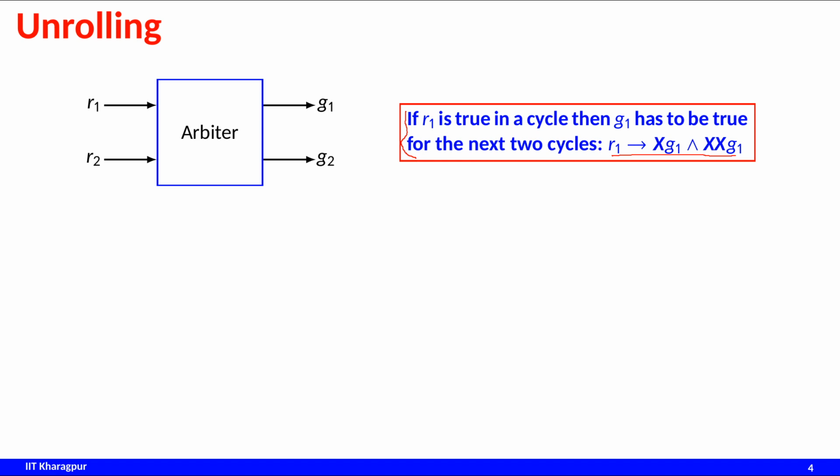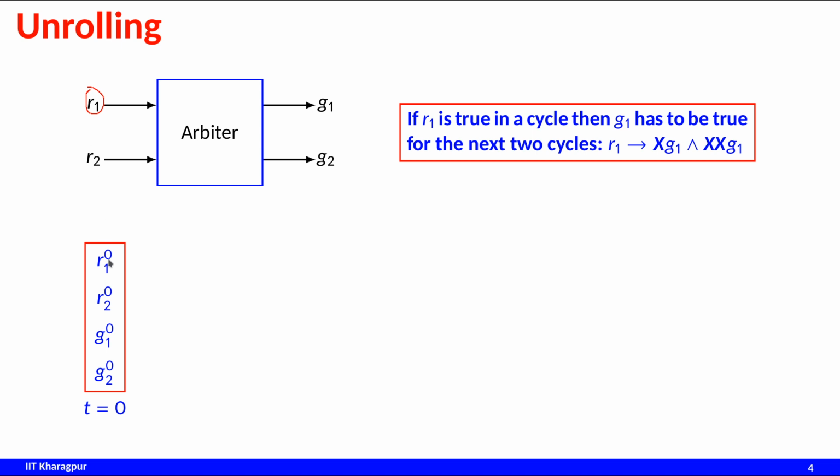Now when we do this unfolding, for every time step we assign some new Boolean variables. Initially at t equal to 0, we have these 4 Boolean variables. In the next time step we again have another 4 variables, but they all belong to the same signals. So this is r1 at t equal to 0, and again r1 at t equal to 1. We distinguish these variables over time by introducing another time index on the variable.